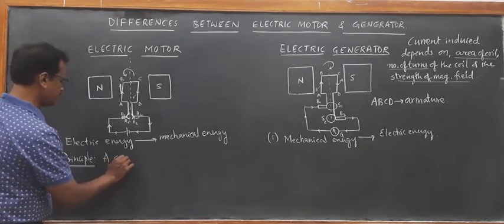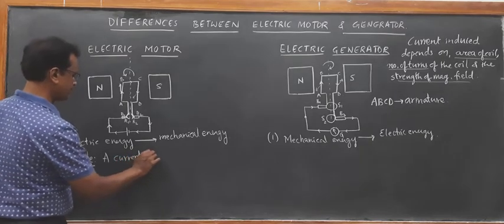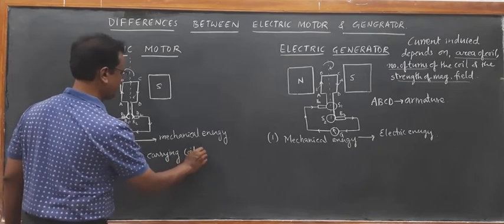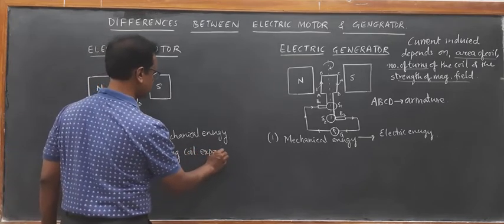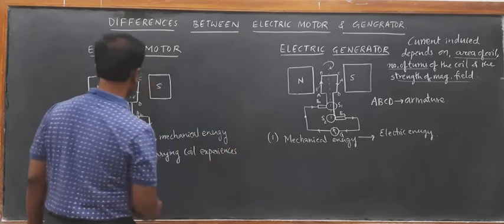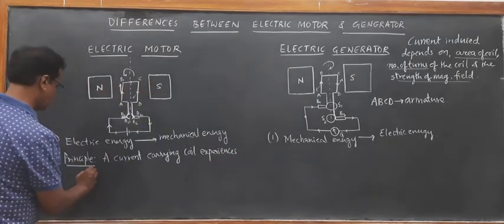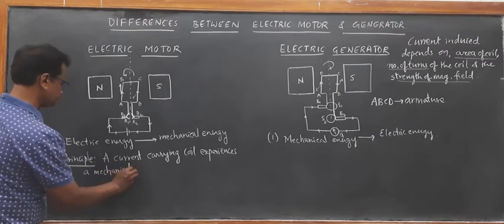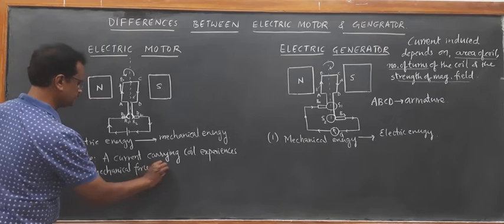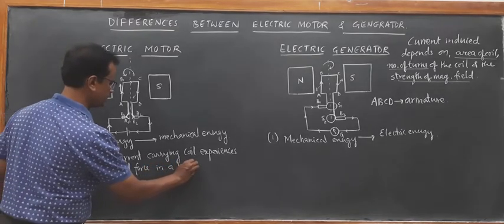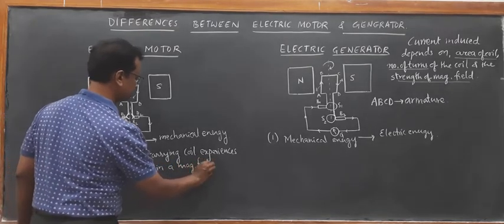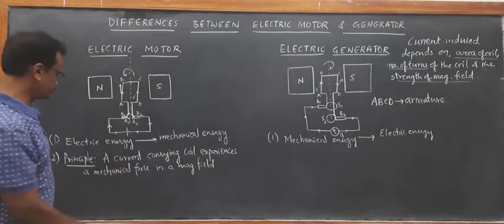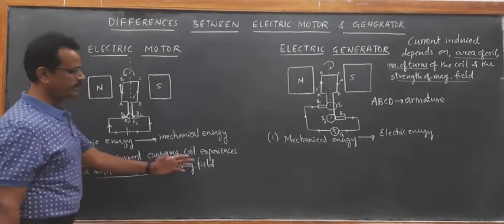A current carrying coil experiences mechanical force in a magnetic field. So two things are required: a current carrying coil and a magnetic field. It experiences a mechanical force in the magnetic field.